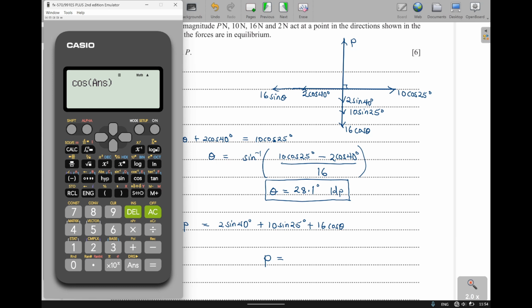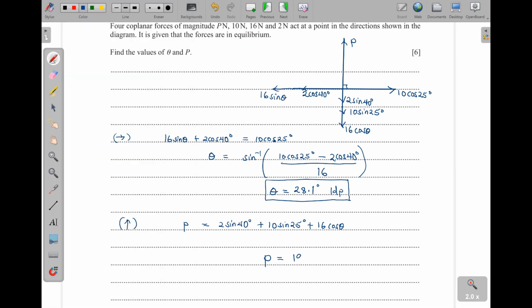So 16 cos of the answer, then plus 10 sine 25, and then plus 2 sine of 40. Just exact. So P is going to be 19.6 newtons to 3 significant figures.